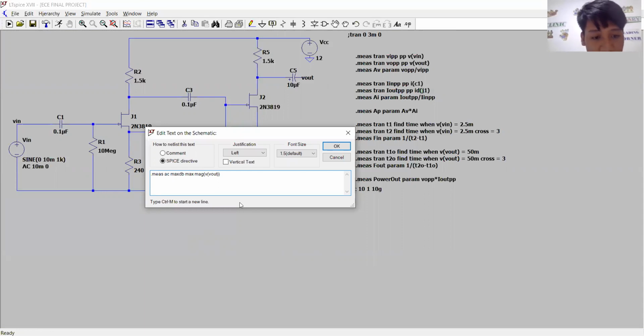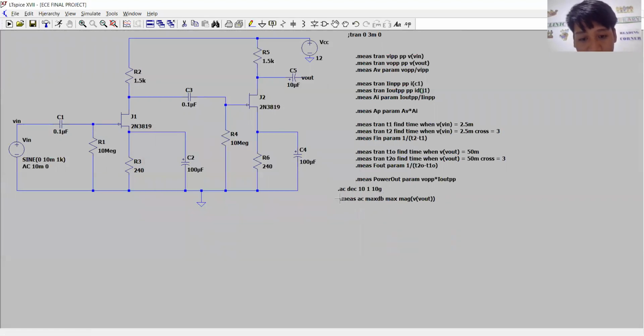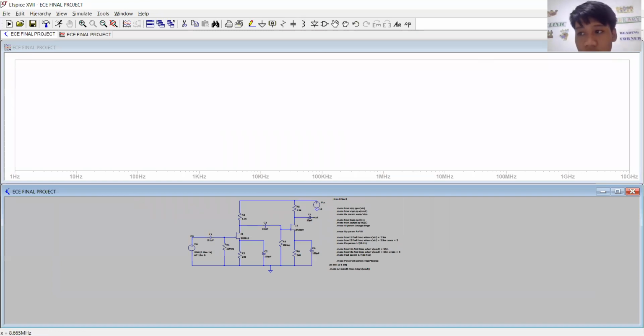I forgot the parentheses. Then after that, measure AC max dB max mag V out. There you go. We will put it here and then run the simulation again for the AC analysis.